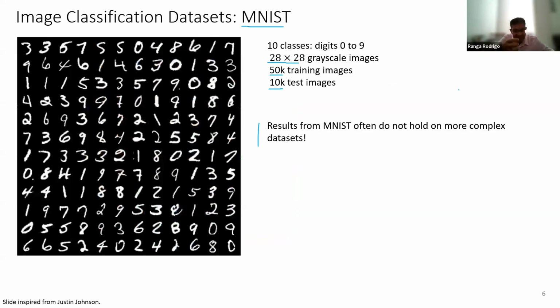But if you take 28 by 28 for MNIST, 28 times 28 is equal to 784. So these are 784 dimensional vectors. This data set contains those vectors. Any questions about this?